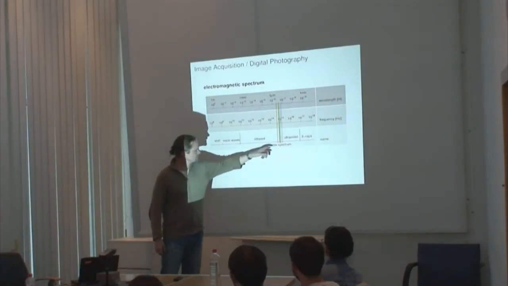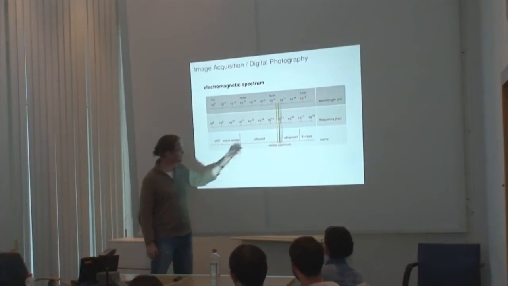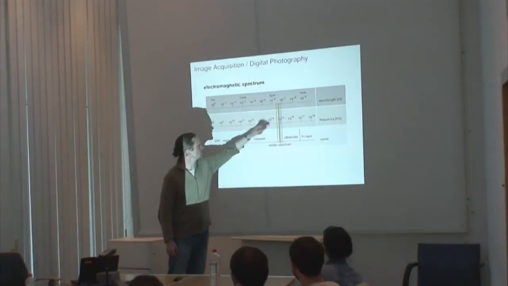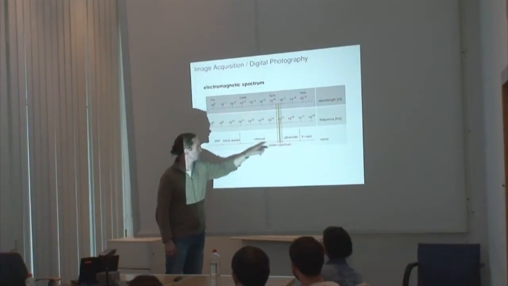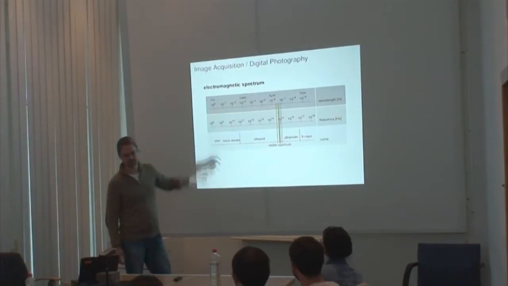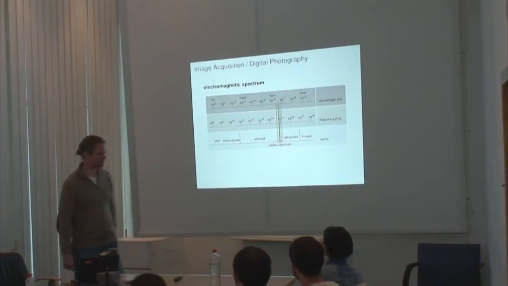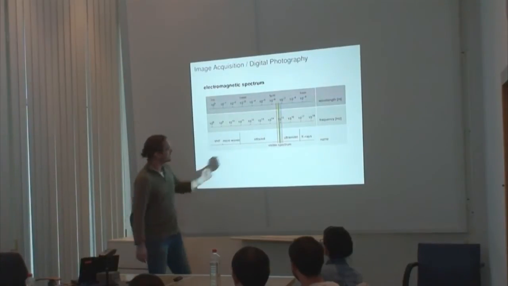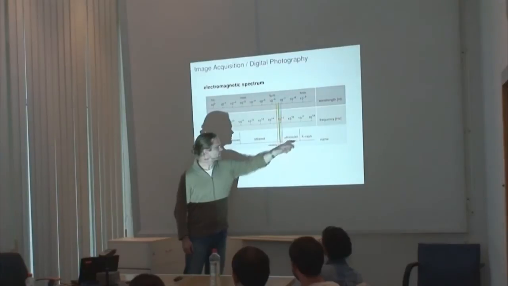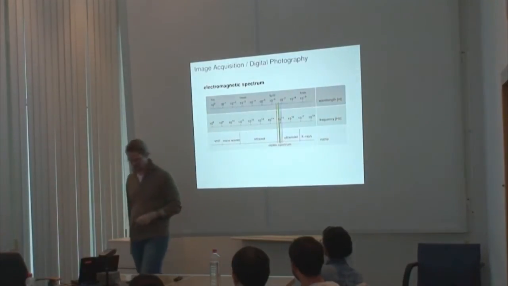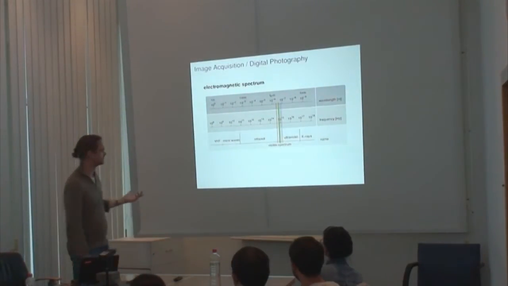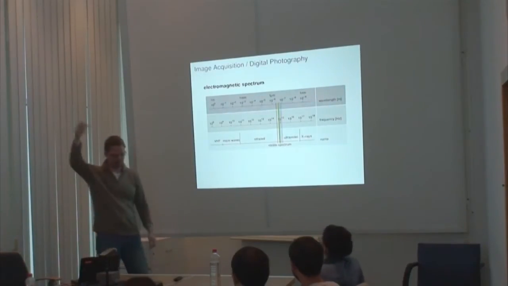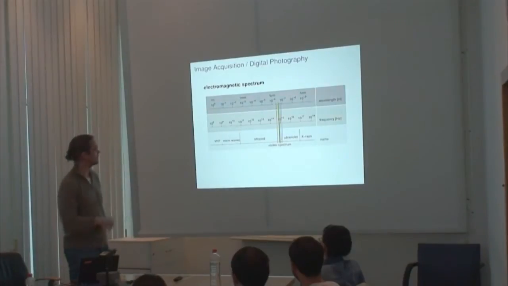And everything that is to the left of the visual spectrum, which has smaller frequencies than red light, is called infrared. Infra is a Latin for lower or below of. And everything that has a higher frequency than violet light is called ultraviolet, where ultra is again a Latin prefix indicating higher than or beyond of.